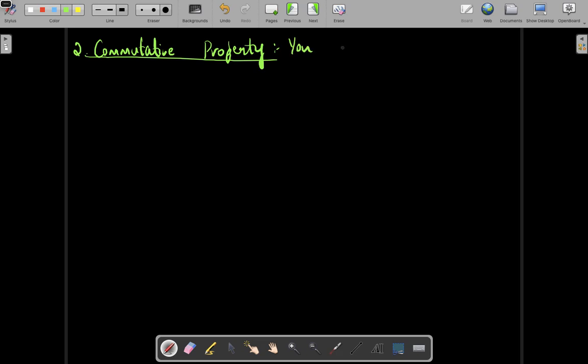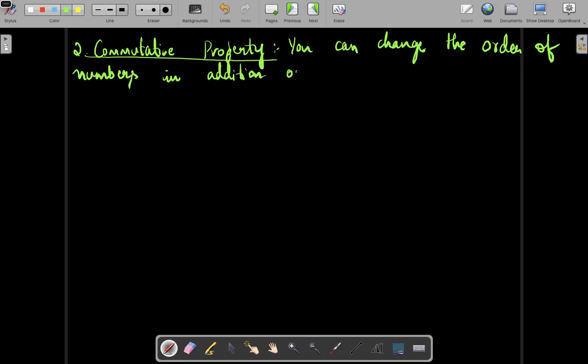You can change the order of numbers in addition or multiplication, and the result stays the same.